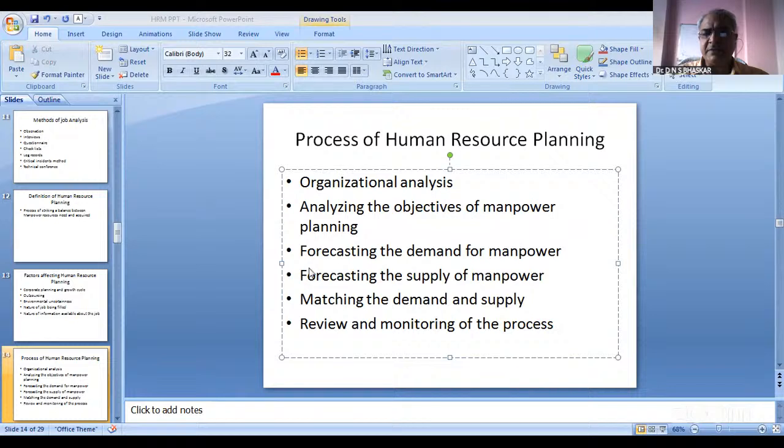So, the process of human resources planning and organizational analysis. First you carry out organizational analysis, that is, what type of organization we are going to plan.